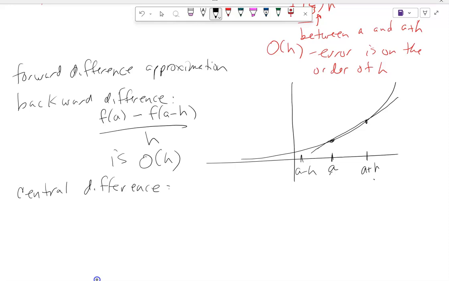So your central difference is f of A plus h minus f of a minus h, and this is where the half comes in because your length is twice as long. Okay. Let's see what the error approximation is on this.